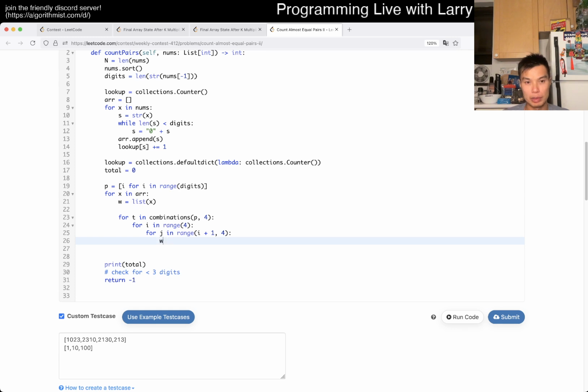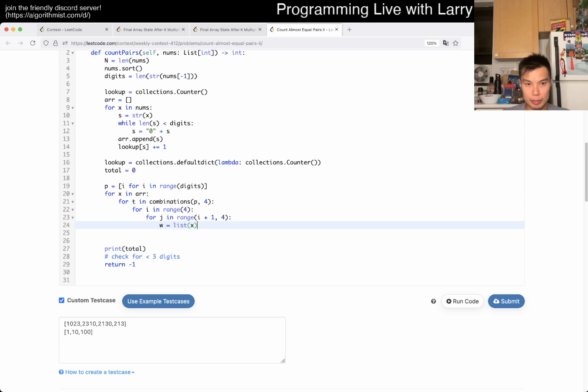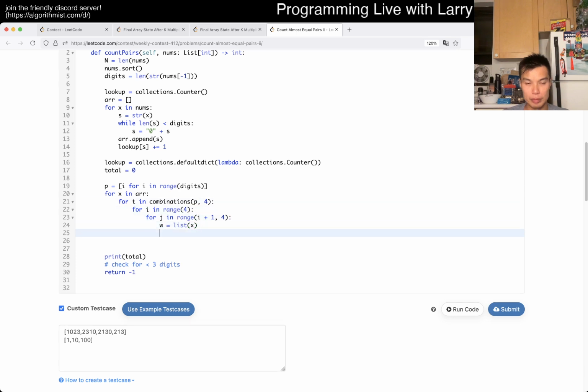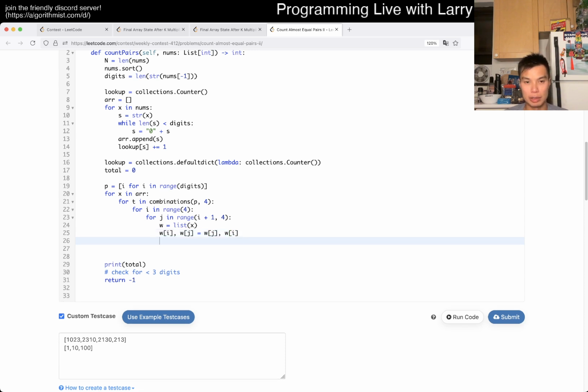So we want to swap I and J, and then we want to swap the other 2.